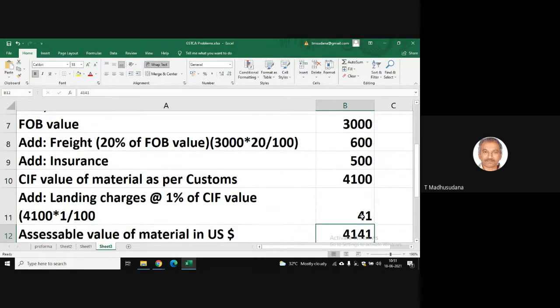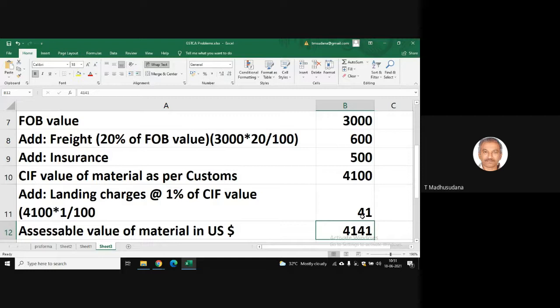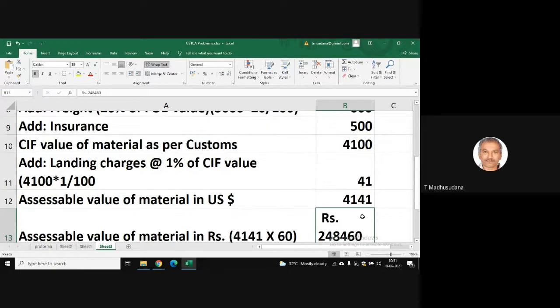So if you add these two, that is 4100 plus 41, you will get the assessable value of material in US dollars, that is 4141.